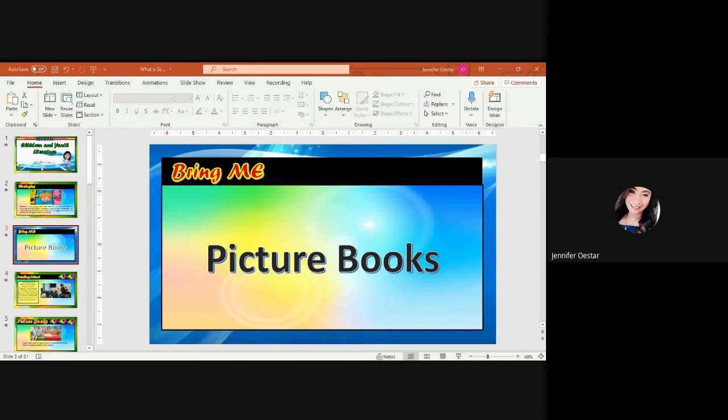Okay, can I stop screen sharing first so I can see your faces? What is that? I will see if it's a picture book. If it's not a picture book, it's not counted. Can you open the pages? Christopher, open the pages.